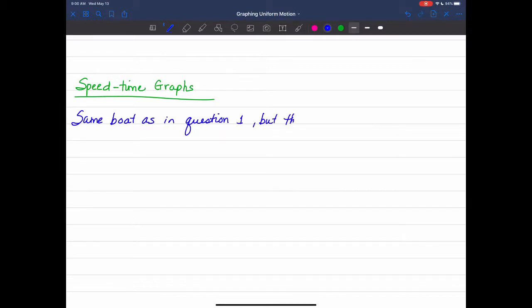But this time, we record the speed over time, not the distance as it's passing those buoys.